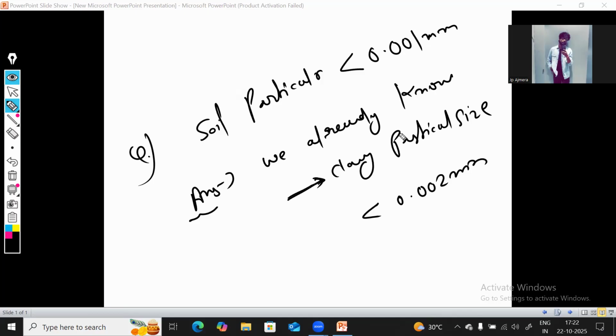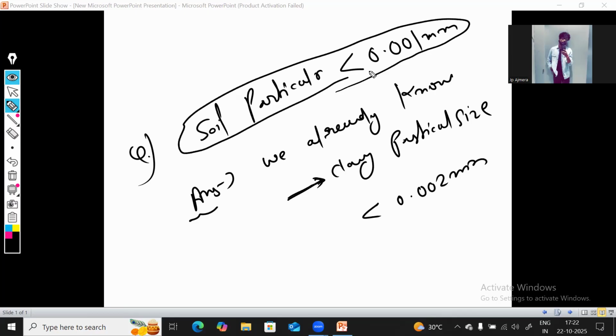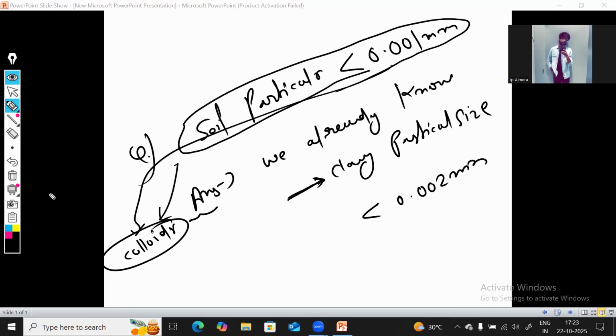So particles less than 0.001 mm are smaller than clay. Those particles are known as soil colloids. Colloids simply called. So the answer is soil colloids. All right.